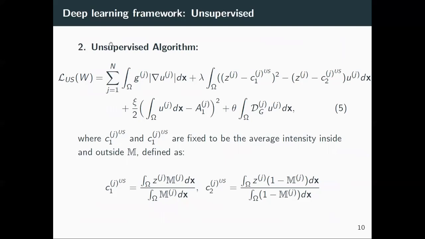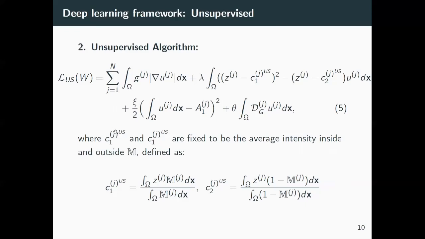The unsupervised approach is much more similar to the variational approach. We have the regularizer, edge, area constraint, and geodesic distance. In this case, we make use of the image in the fidelity: the image minus C1 unsupervised, image minus C2 unsupervised. In this case, this is a typo.